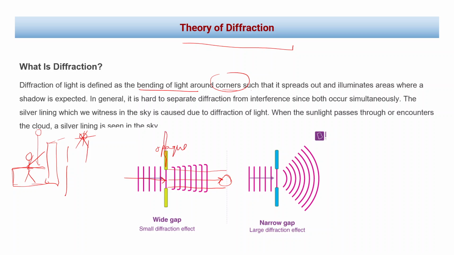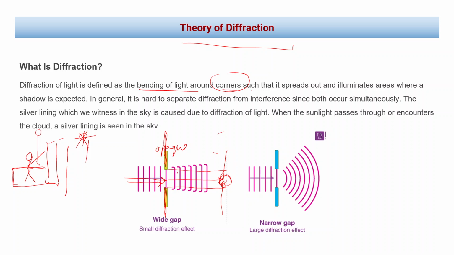The screen is kept and it has a small opening, then light should pass through this, and on the screen we should see light only of the same size. But this doesn't happen. In fact, we see different kinds of patterns here that we'll be discussing soon.